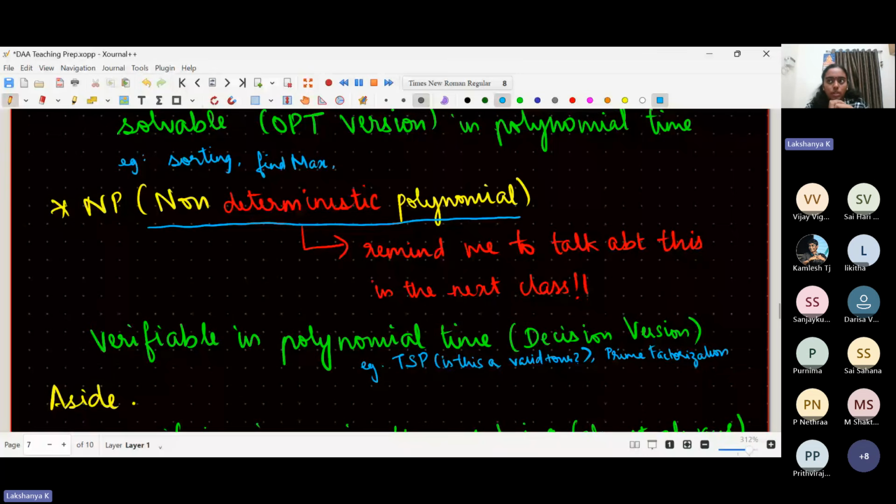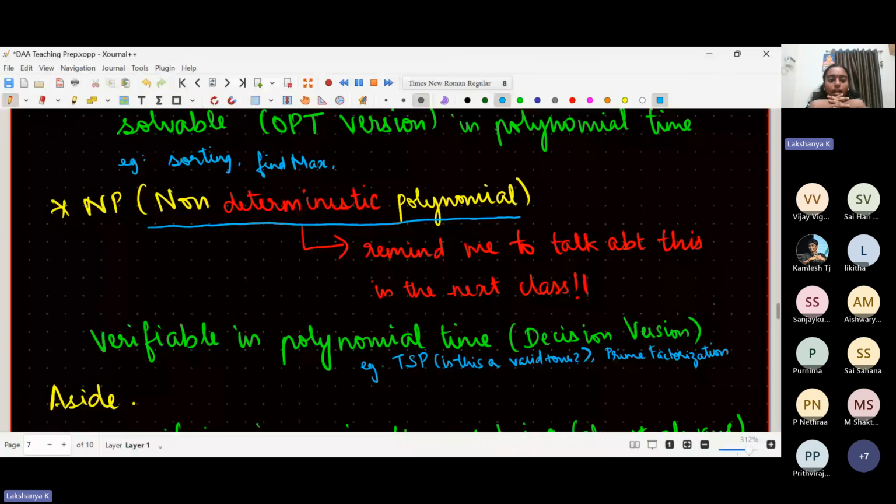So the decision version is where I give you a sequence of prime factors and I ask you, is this the prime factorization of the number in question? You simply have to multiply everything. If your answer is equal to the number, then your decision version outputs a yes. Otherwise, it outputs a no. So it is verifiable in polynomial time.